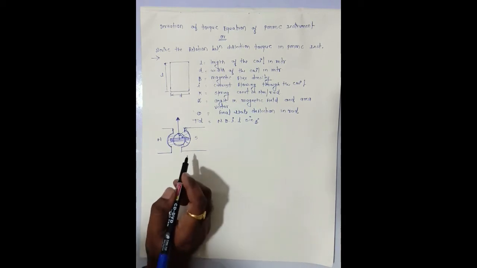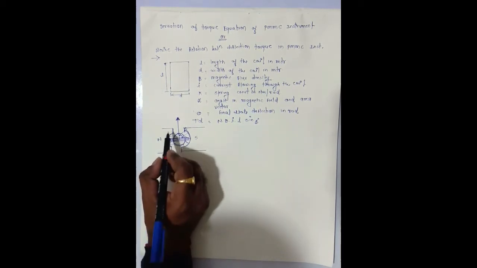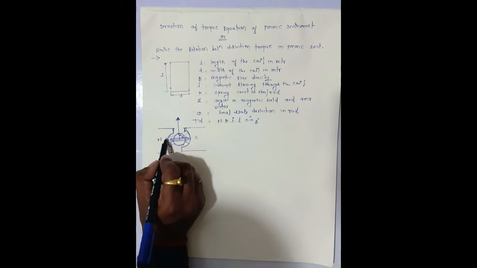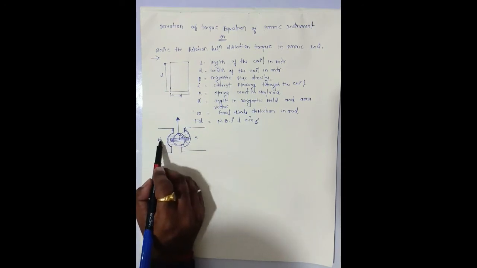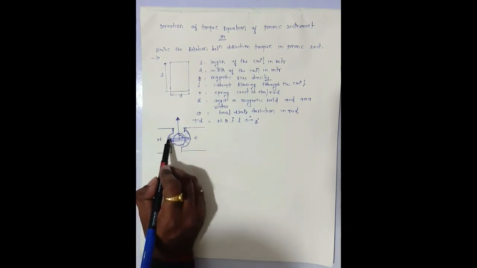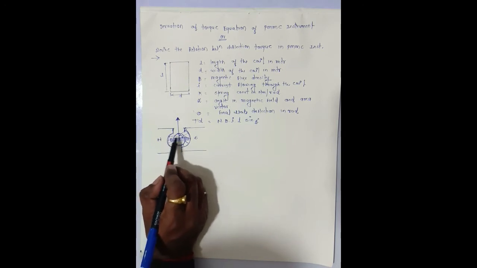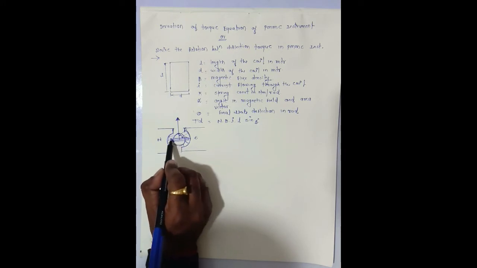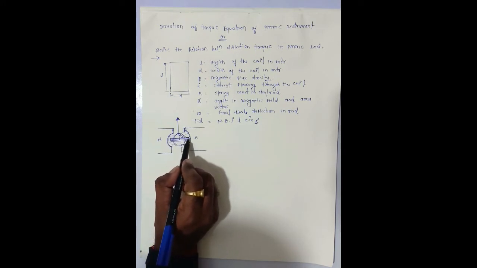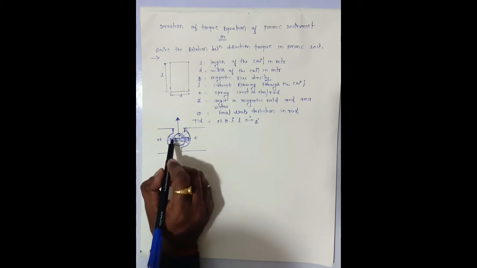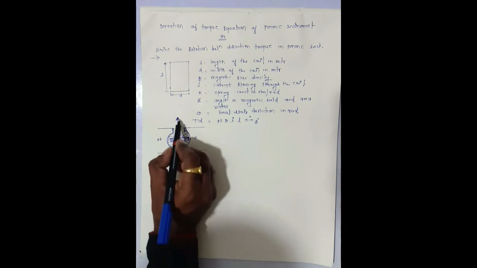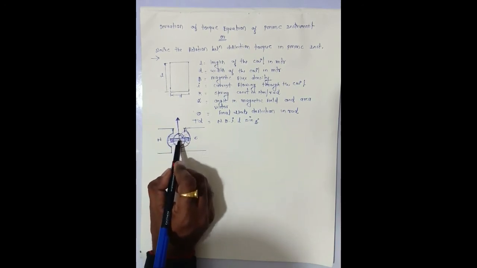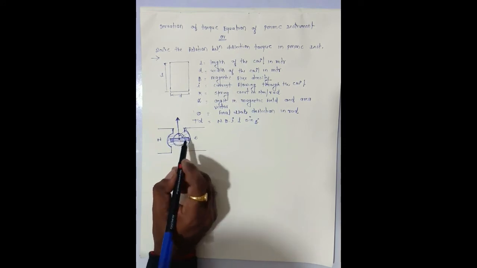So friends, as shown in the figure, it is a permanent magnet having two poles, north pole and south pole. The direction of the magnetic field is always from the north pole to the south pole. This is a soft iron core, this is a metallic frame having fine copper wire wound over it, and this is a pointer which is connected at the upper side of the frame.